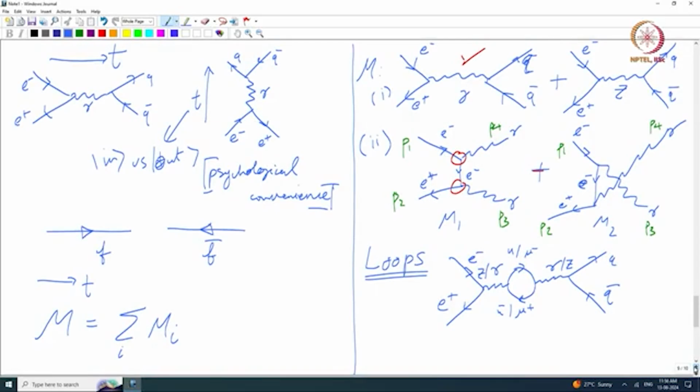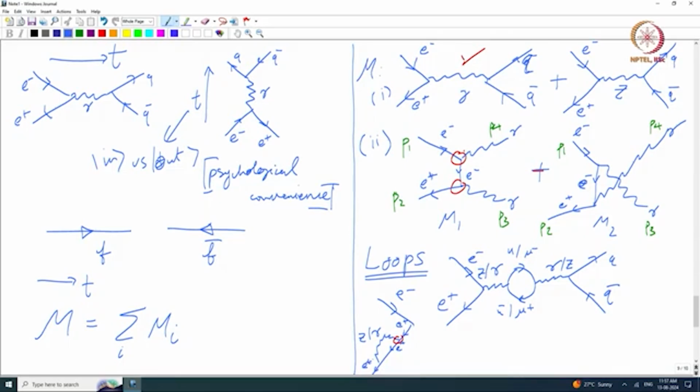So, I can have an electron, and over here, this positron can split into a photon or a Z boson, right, and another positron. This vertex is exactly the same vertex that we have been drawing all over the place, right. This vertex is the same as this vertex, correct.